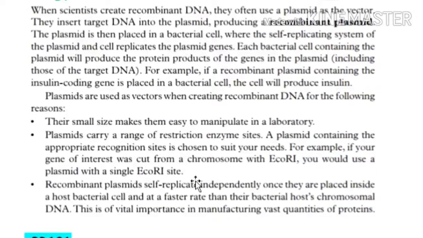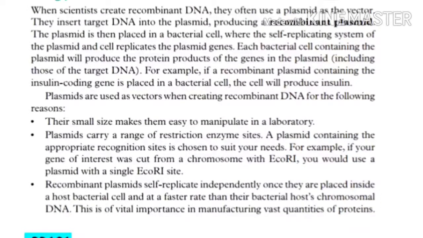Then recombinant plasmid can replicate independently. What do you mean by recombinant plasmid? After taking the foreign gene, the plasmid is known as recombinant plasmid, or recombinant DNA. It can replicate independently once it is placed inside the host cell. That is the reason why we prefer to use a plasmid for preparation of recombinant DNA, that is, for gene cloning purposes.